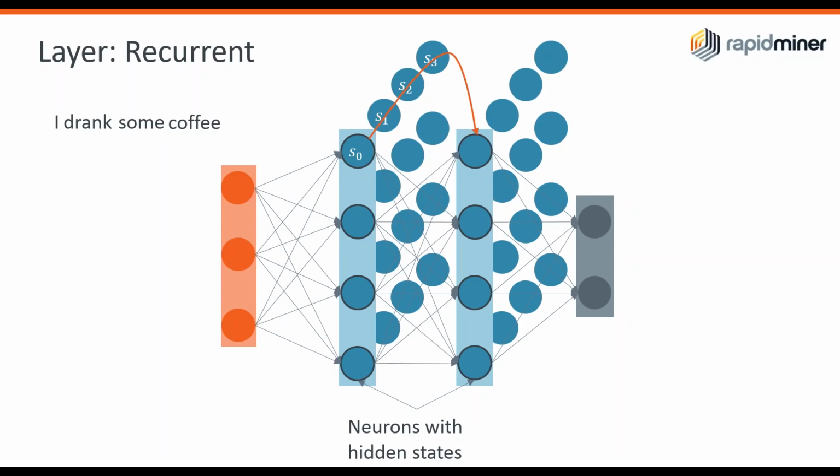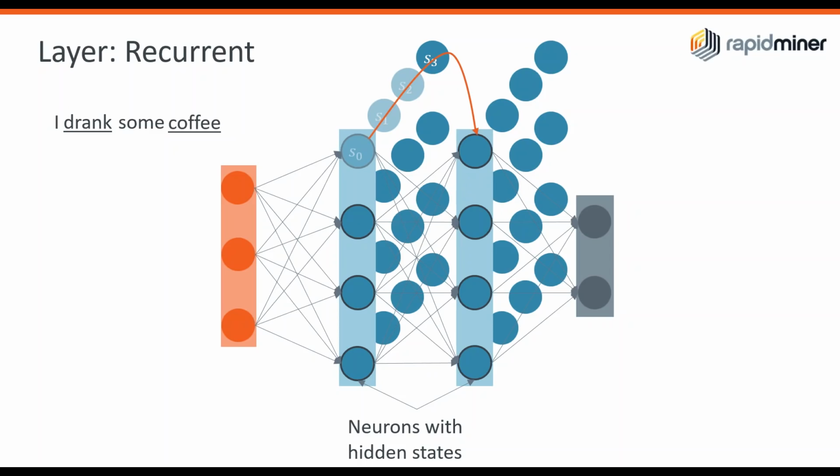First the I is fed in, and the state of my first hidden layer is S0. Then if drank is fed in, we are at the next state, and all the time values are changing inside this hidden layer. Then some, and then coffee. Then we're going to the next layer.